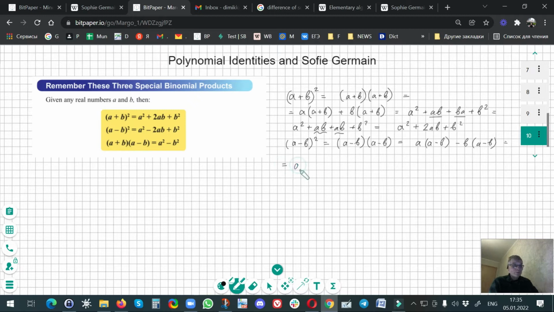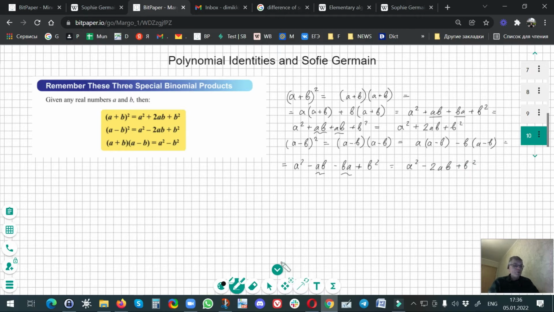Here we go. A squared minus ab minus ba plus b squared. It's a plus because it's negative b times negative b, the last term. And again, as before, we have two like terms, and they add up to give us a squared minus 2ab plus b squared.